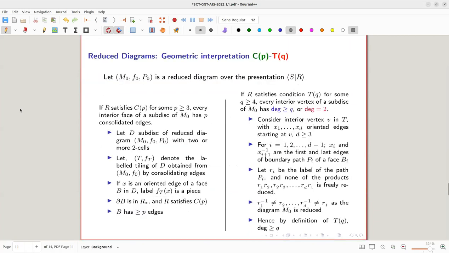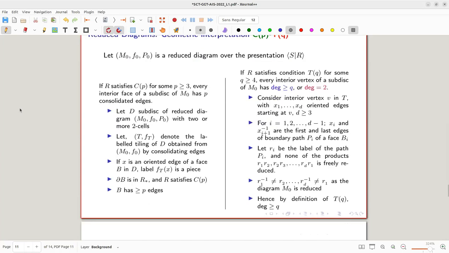Anyway, reduced diagrams. So earlier we saw how we construct a diagram when we start with a word. Now I have kept a few things under the carpet here. I will come back to those things when it is absolutely required.